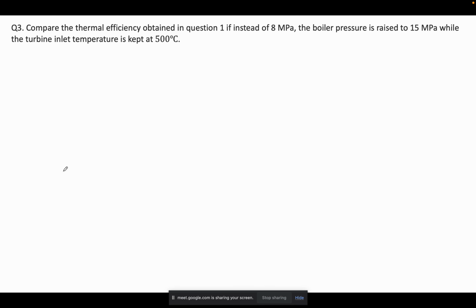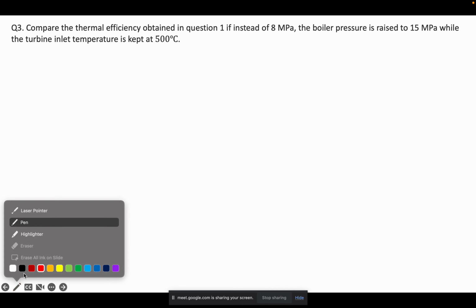moving on to the next question. Now you have to again compare the efficiency obtained in question number 1, if instead of 8 megapascal the boiler pressure is now 15 megapascal and the turbine inlet temperature is kept at 500 degrees Celsius. Okay, so the initial temperature is the same, but now we have increased the boiler pressure to 15 megapascal.